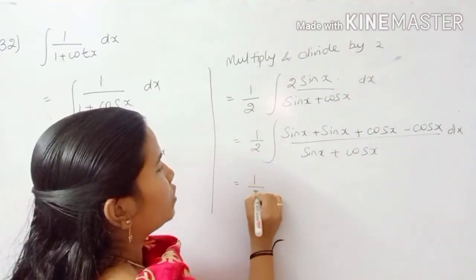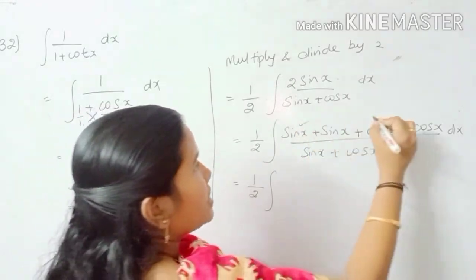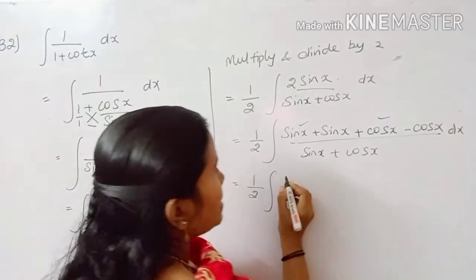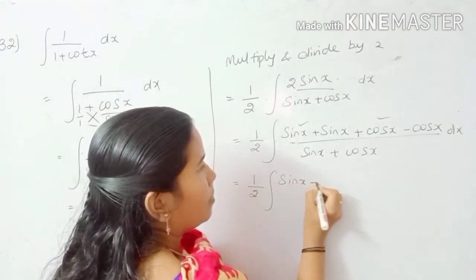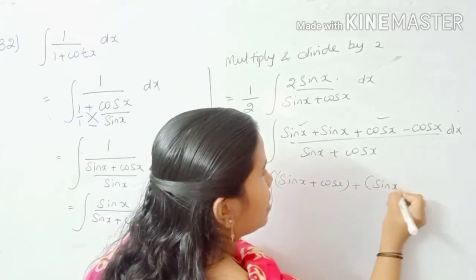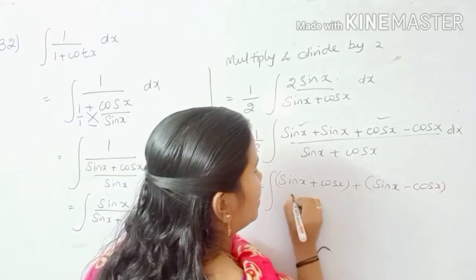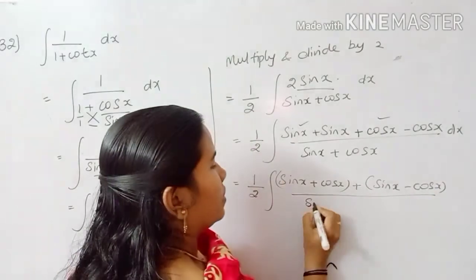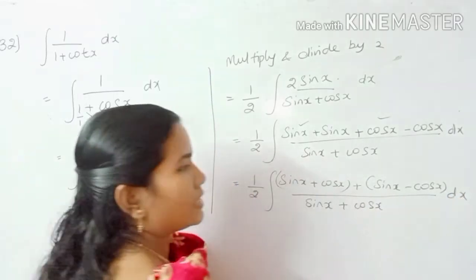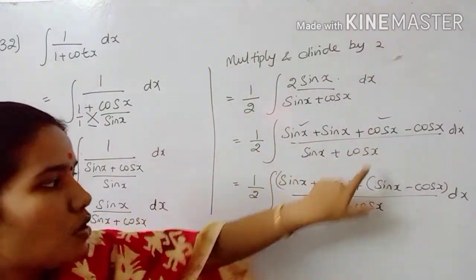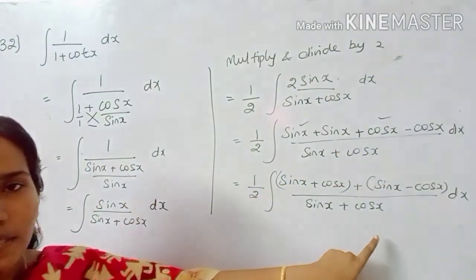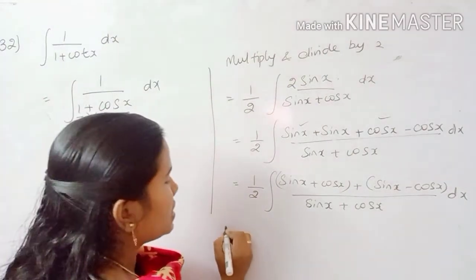So this is equal to 1 by 2. Now I just pair it, sin x plus cos x as one term and sin x minus cos x as another term. So sin x plus cos x plus sin x minus cos x divided by sin x plus cos x into dx. So now I just split the integral.